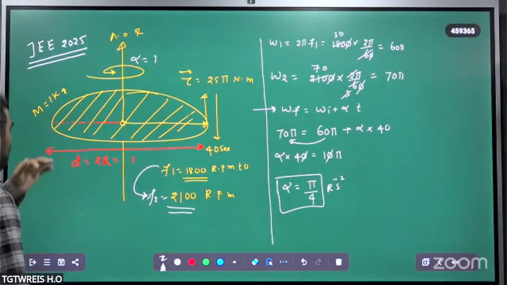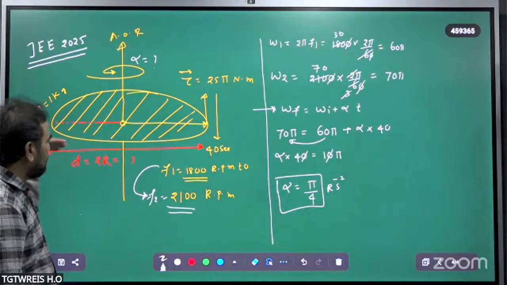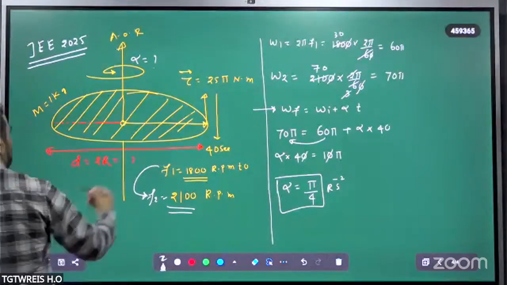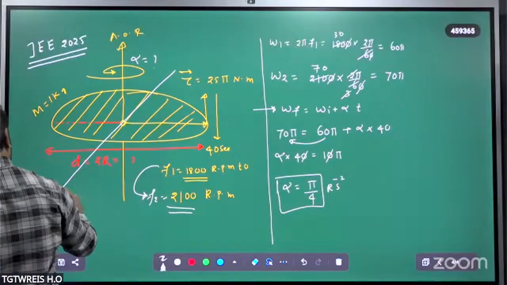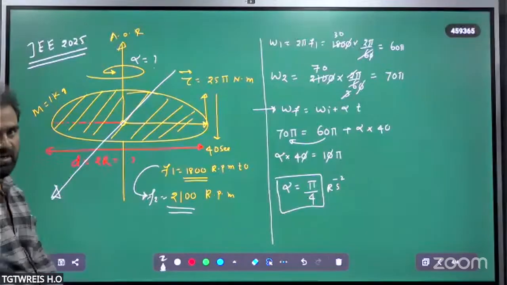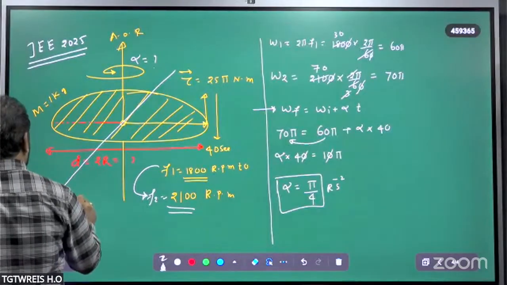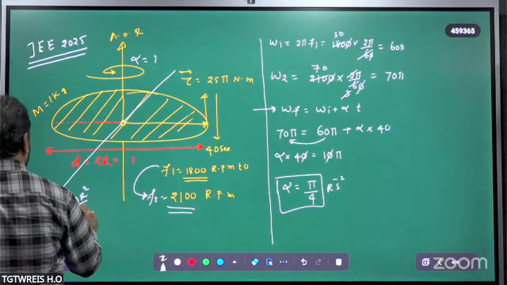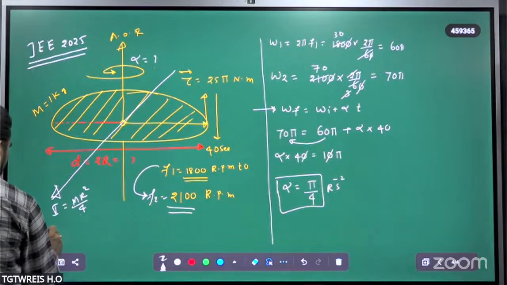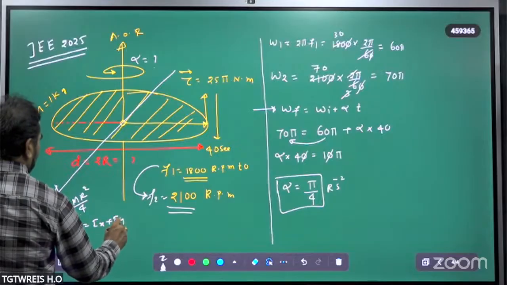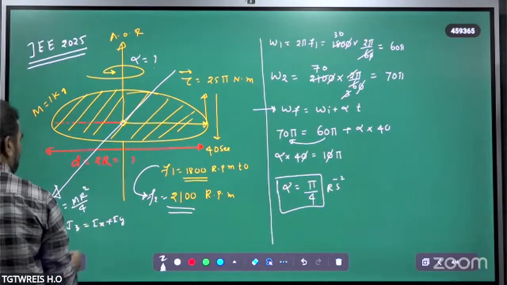Okay, and for the disk, what is its moment of inertia about the diameter? The moment of inertia about the diameter of the disk is I is equal to m r square by 4. Because we apply the perpendicular axis theorem: Iz is equal to Ix plus Iy, but Ix is equal to Iy, both will be same.